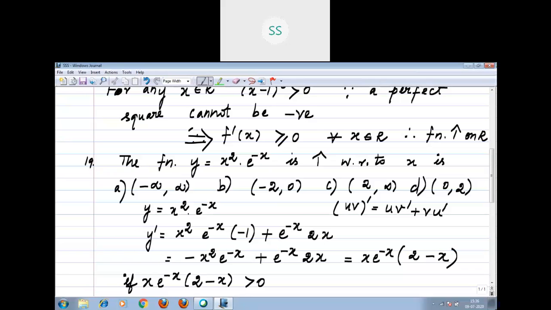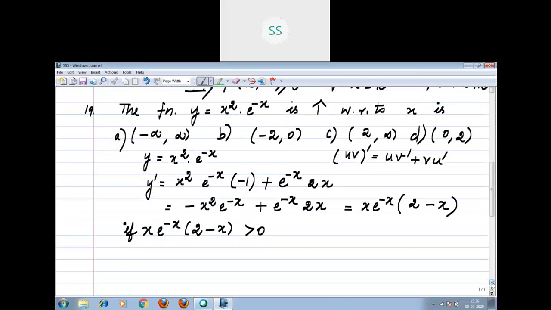E power minus x never can be equal to 0. So what is your next step? You have to listen carefully, children. Next, x into 2 minus x greater than 0.